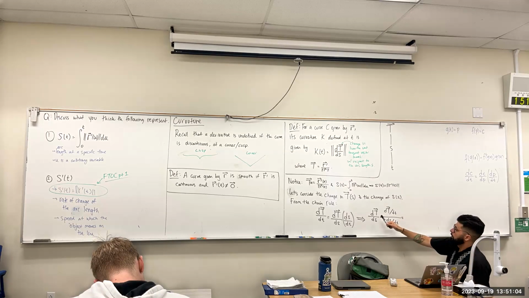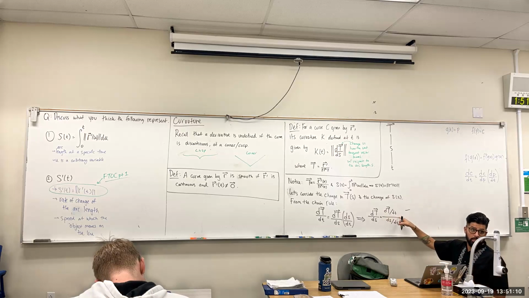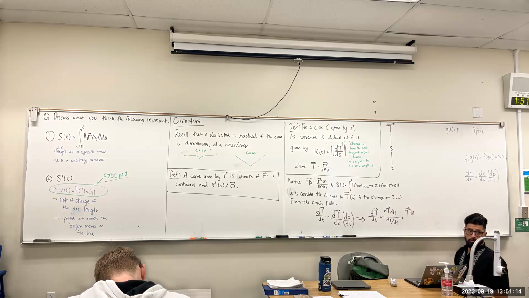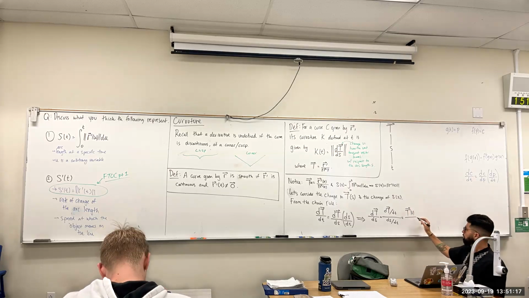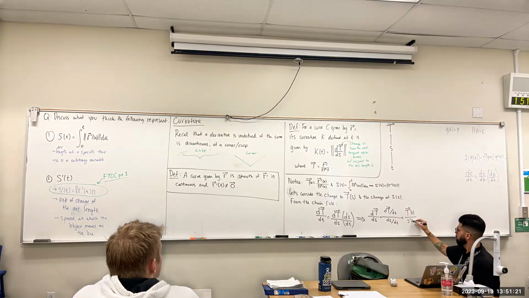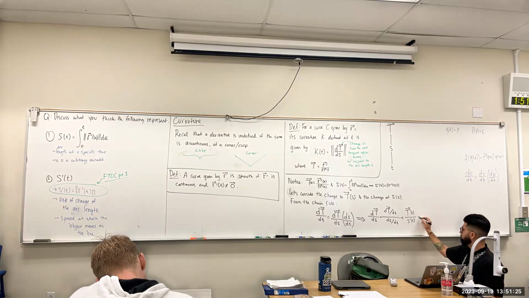So therefore, the change is going to be the change in capital T with respect to little t, which is T prime of little t now, over the change in S with respect to little t, which is S prime of little t.